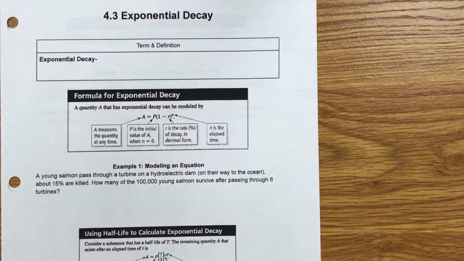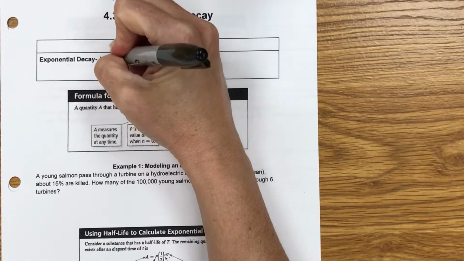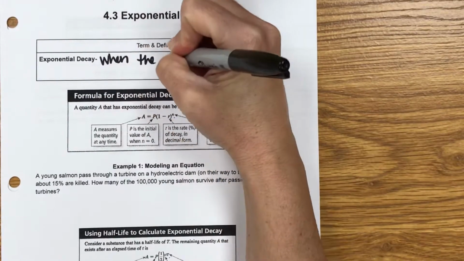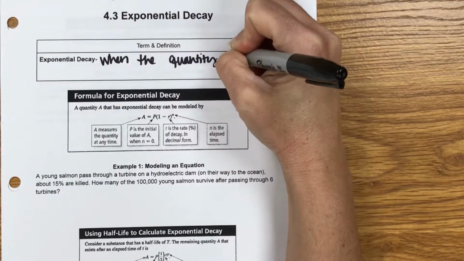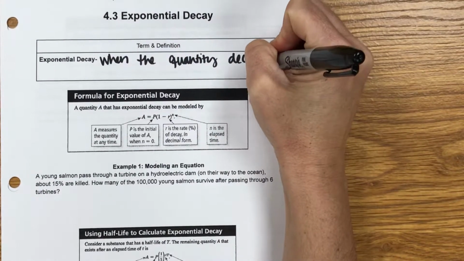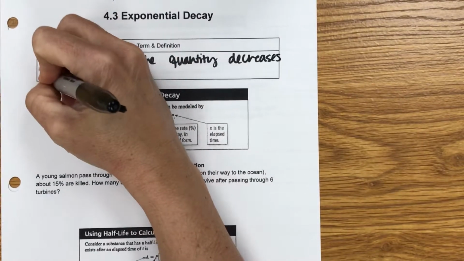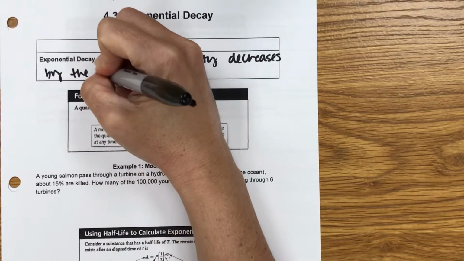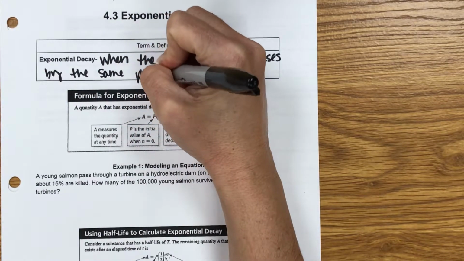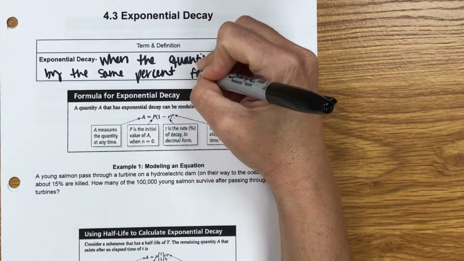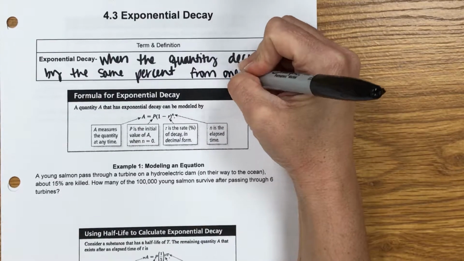So first I'm going to do a little definition of exponential decay. This is when the quantity decreases by the same amount, or not the same amount, sorry, the same percent from one time period to the next.